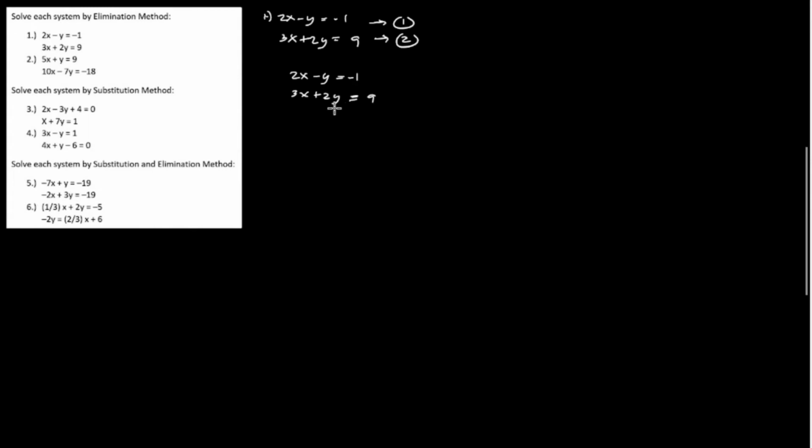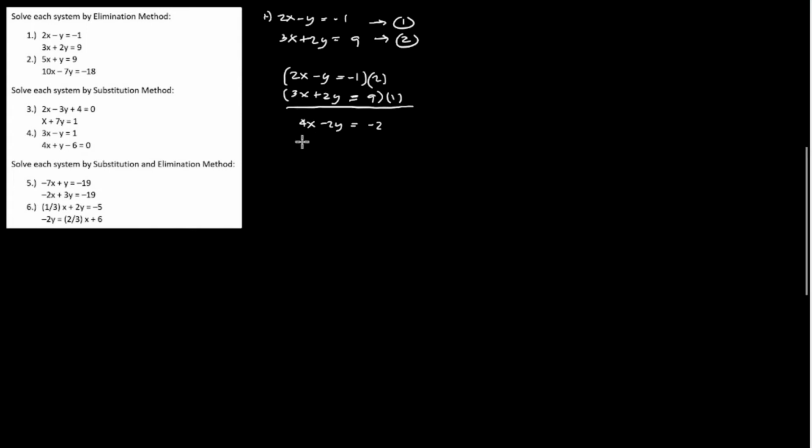To cancel out the variable y, you multiply the first equation by 2, and multiply equation number 2 by 1. So 2 times 2x is 4x, 2 times negative y is negative 2y, is equal to 2 times negative 1, or negative 2.